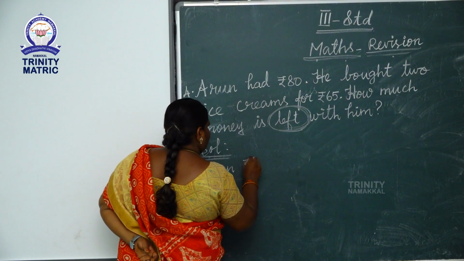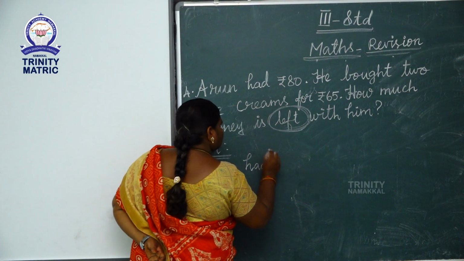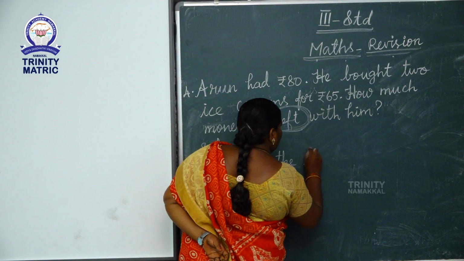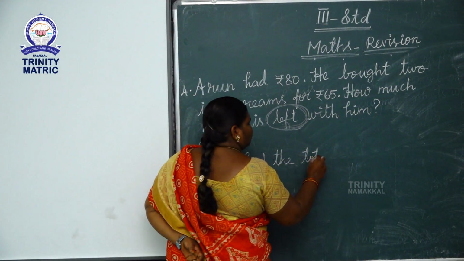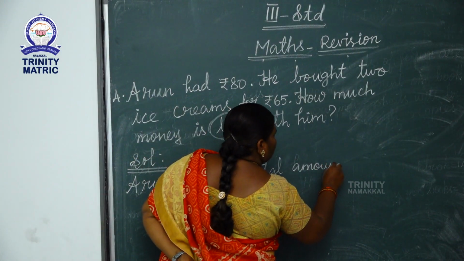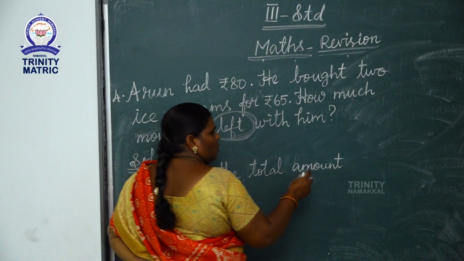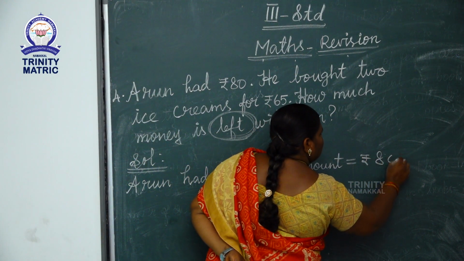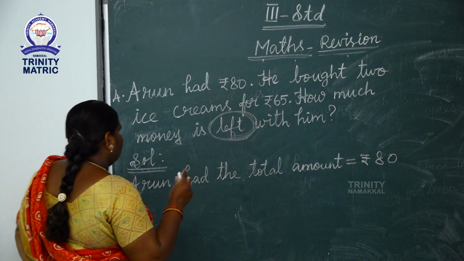Arun had the total amount. How much amount did Arun have? Rupees 80.